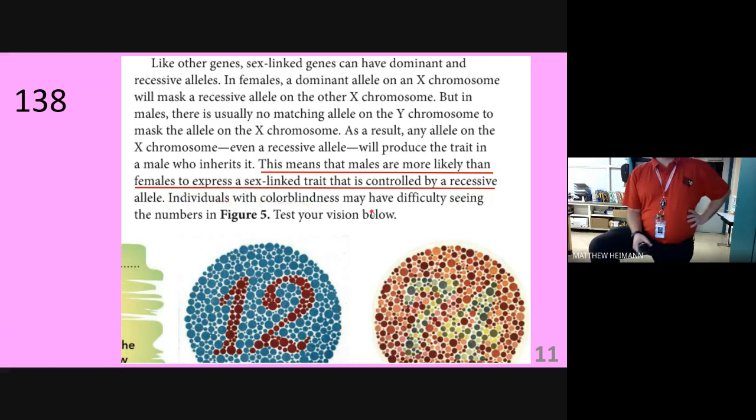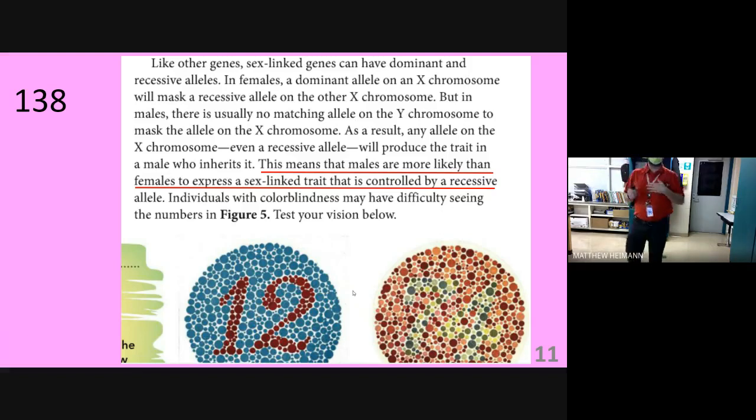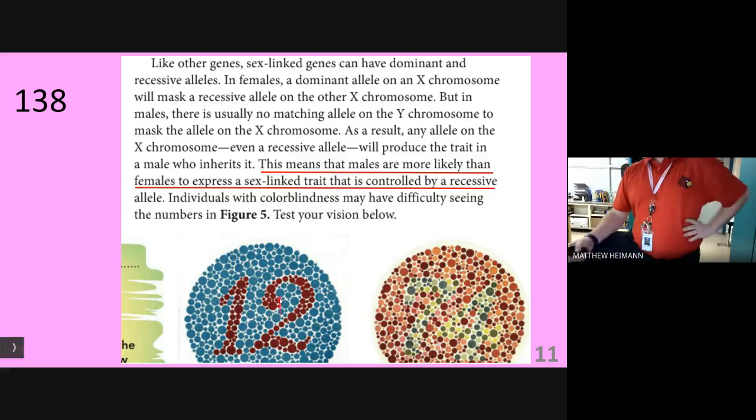Individuals with color blindness may have difficulty seeing the number in figure 5. Test your vision below. Can you guys read both of these? Yeah, 74. And so that's why boys are more likely to be colorblind than girls, because the XX in girls is stronger and more stable, and you're less likely to have the recessive allele.